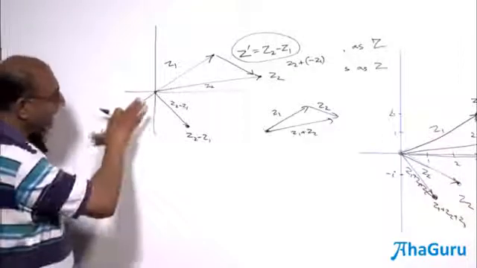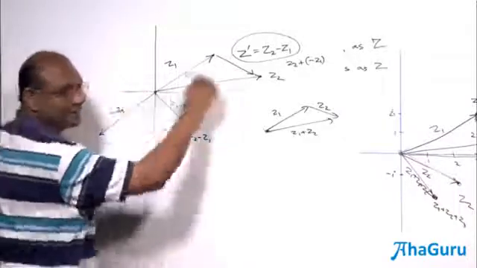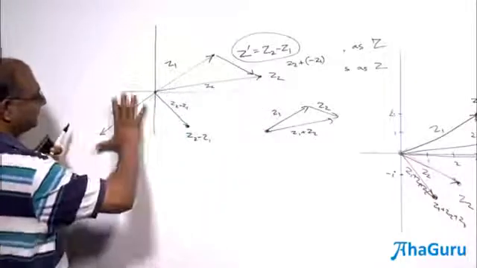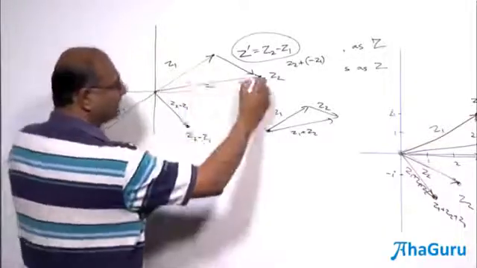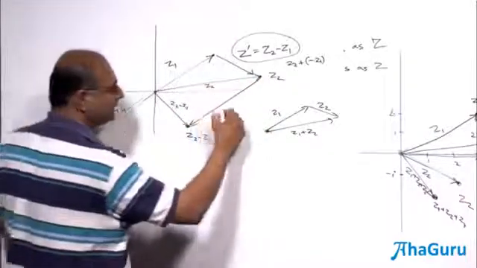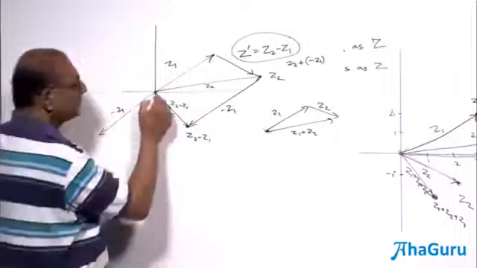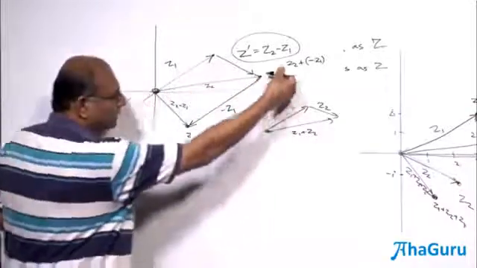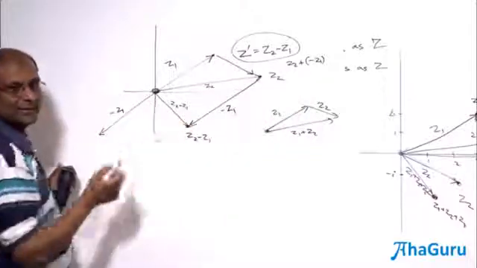Okay, now you have to add this vector to that vector. So if I start with Z2 and take this one and place it there, what was this? Minus Z1. Starting at the origin, Z2 minus Z1.